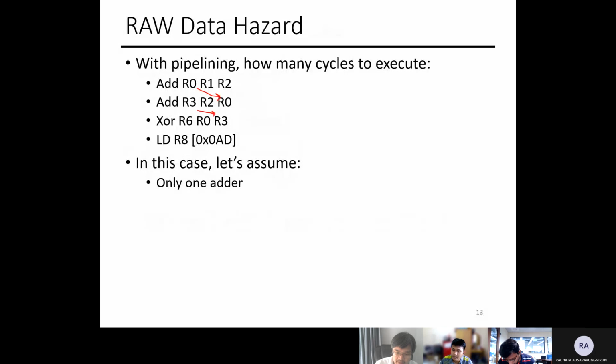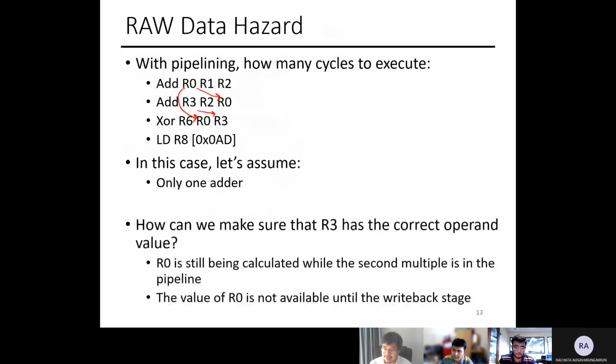You have a previous instruction generating a result for the next instruction. So you have to make sure, in this case, that R3 is updated, and you have the updated value, which is the addition of R1 and R2, before you can process this instruction.